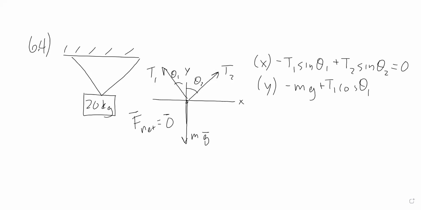I've kind of run out of room, haven't I? Draw it a little bit smaller. Plus T1 cosine theta 1 plus T2 cosine theta 2, and that equals 0 as well. So that's summing the forces in both directions for this example.